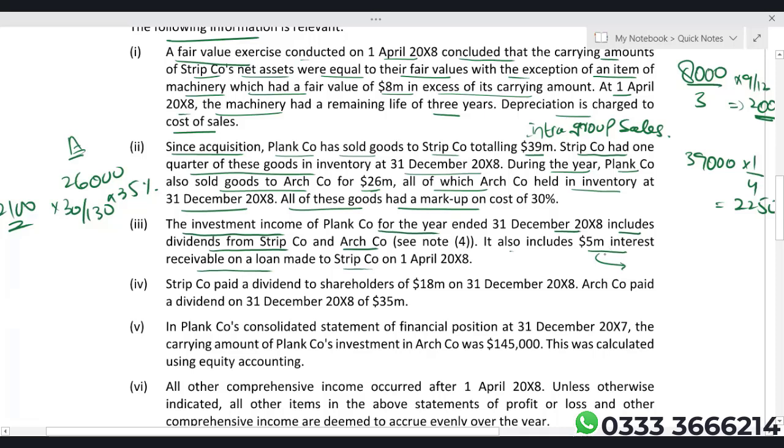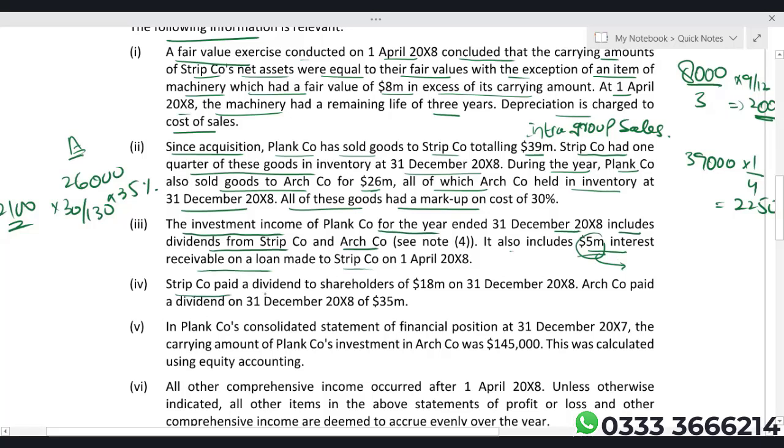So this 5 million is the interest receivable from subsidiary, so it will be eliminated from the income of parent, and this 5 million will also be eliminated from the finance cost of subsidiary, because it is interest income for the parent and interest expense for the subsidiary. Since it is intra-group, it will be eliminated.